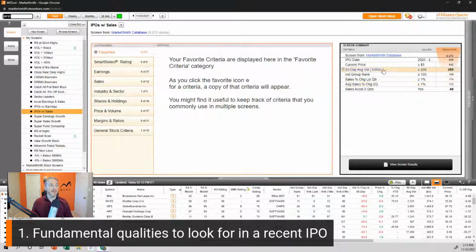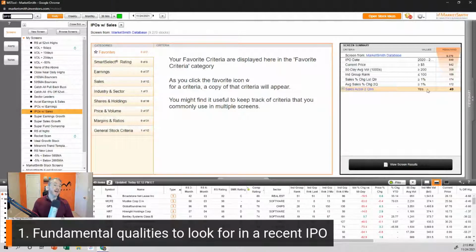And then over here, this is where the magic happens. We want to have sales be positive, right? So sales of at least 1% or more for last quarter, and sales of at least 1% or more for the quarter before it. So it's not just making sales, it has a little bit of a history of making sales.